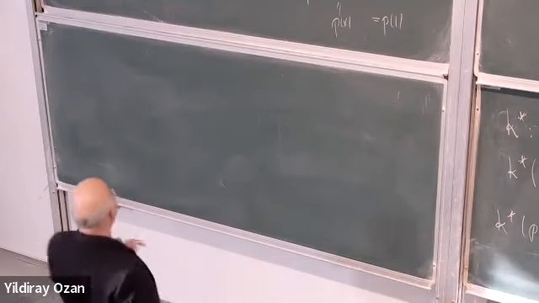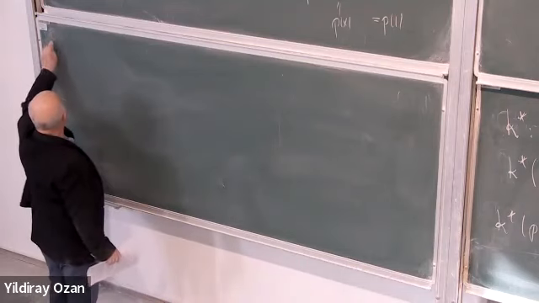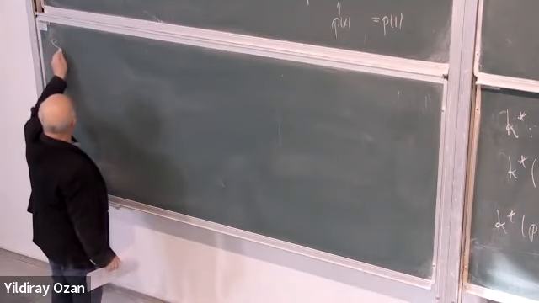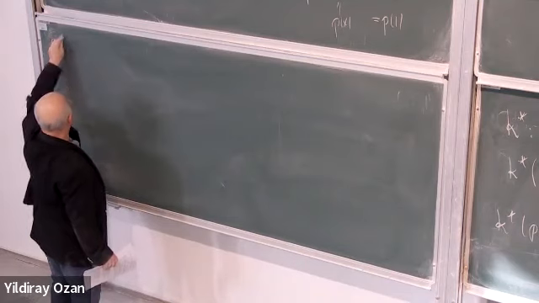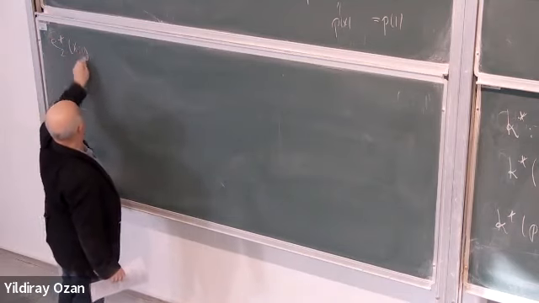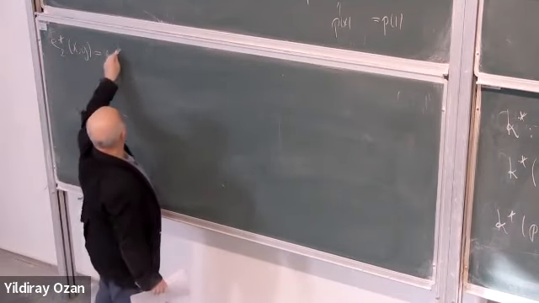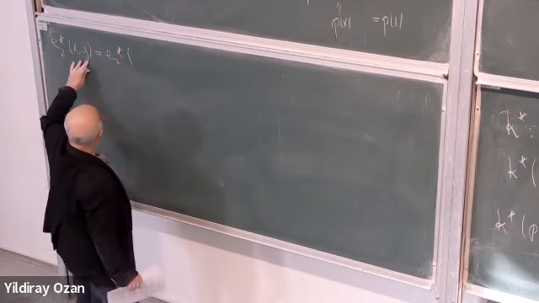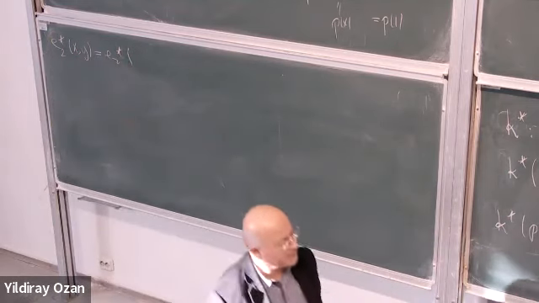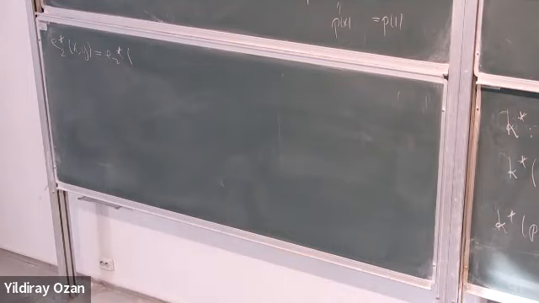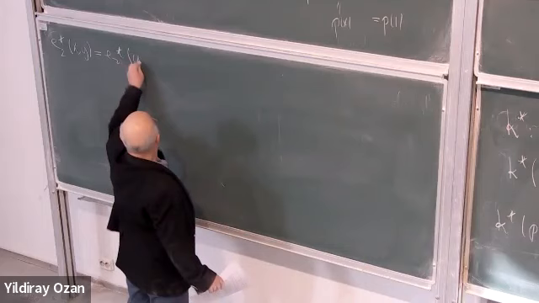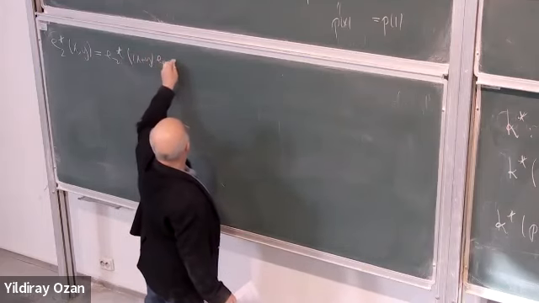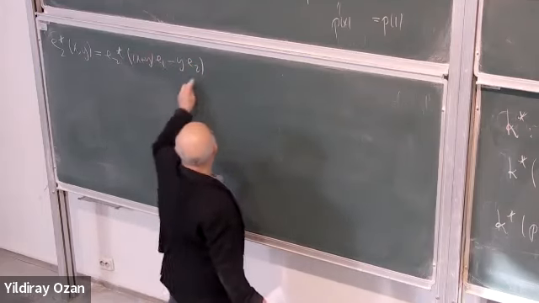Okay, let's look at the other one. So E2 star of x, y. How did we write it? x times E1 minus y times E2, right?